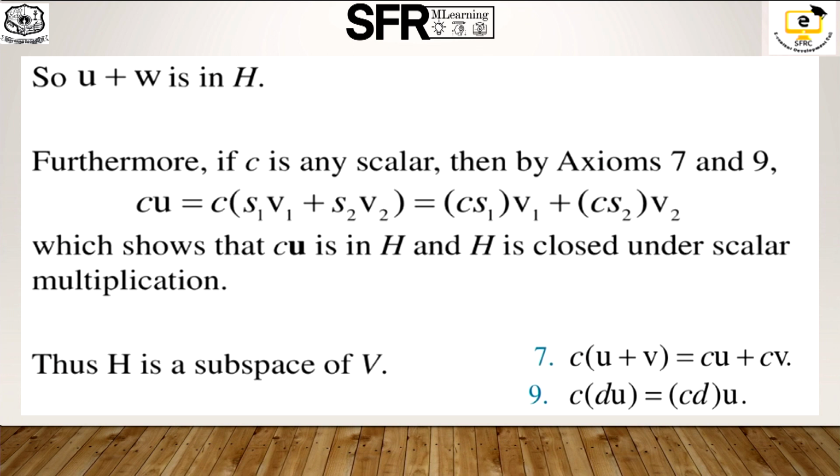By using 7 and 9, we segregate the scalars as cs1 of v1 plus cs2 of v2, which shows that cu is in H. Hence H is closed under scalar multiplication. Therefore, in this example, we satisfy the three conditions: the 0 vector is in H, vector addition is possible, and scalar multiplication is also possible. Hence, the span of v1, v2 is a subspace of the given vector space V.